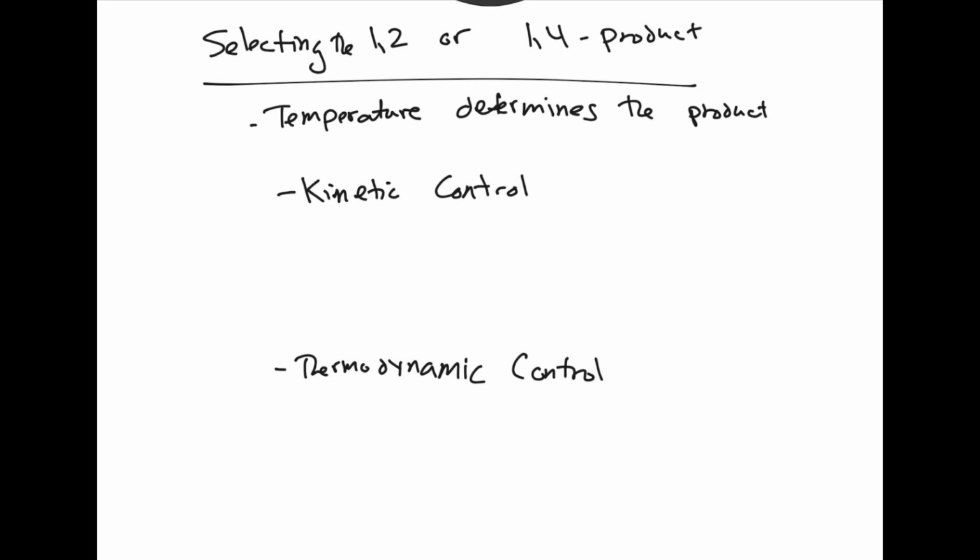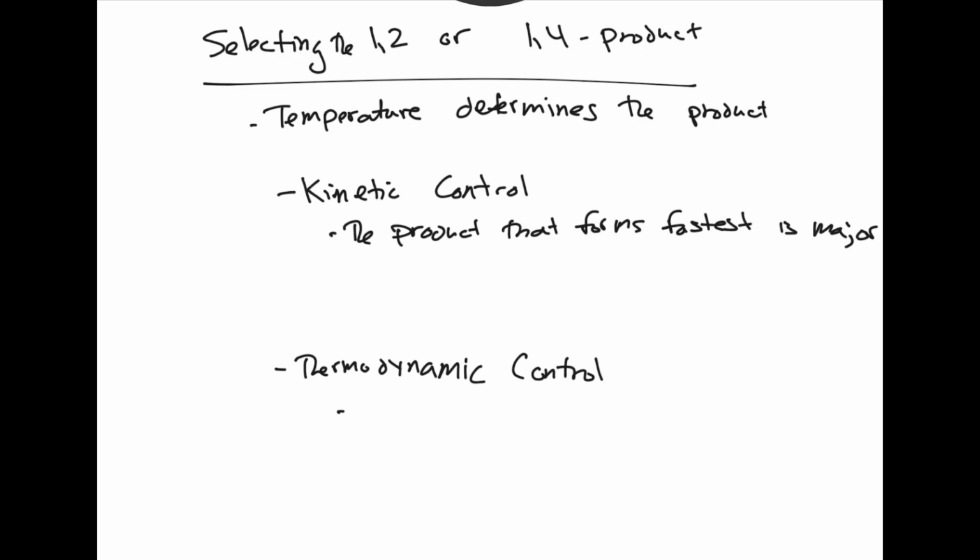When a reaction is under kinetic control, the product that forms fastest is major. So under kinetic control, it's just a race. Whichever compound is made more quickly is the one you get the most of.